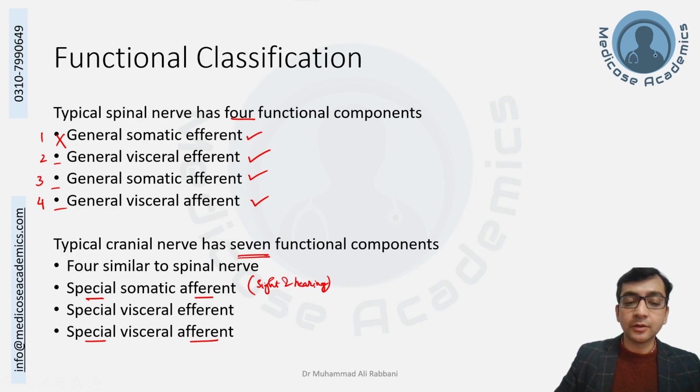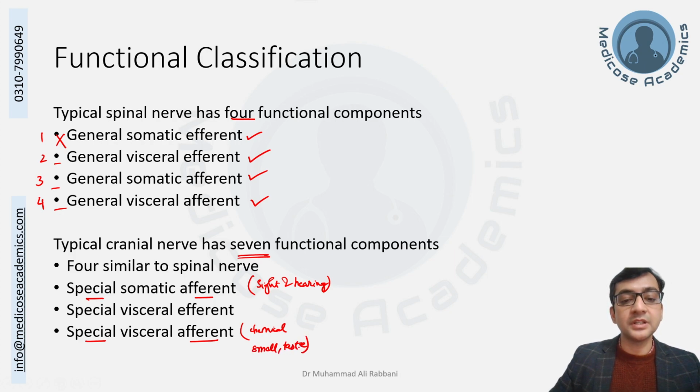What you see, what you hear. This is special somatic. So the sensation from the eye, the sensation from the ear. And chemical sensation will include the sense of smell, the sense of taste. So these will be included in special visceral afferent.